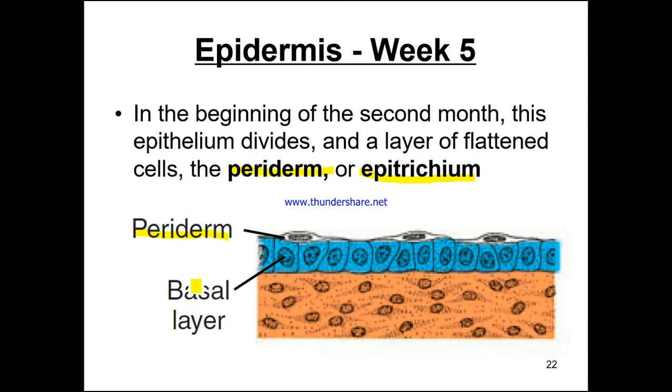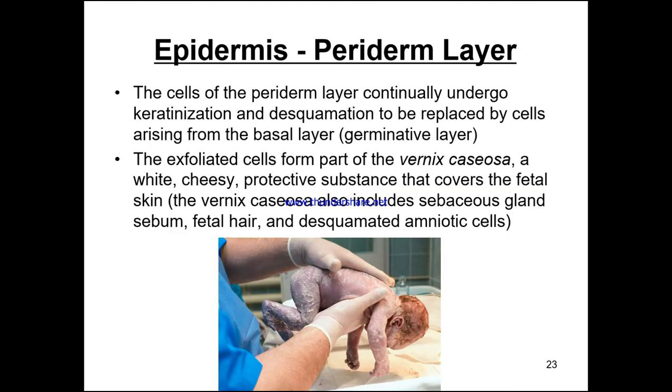We have the basal layer. Here we can see the basal layer. The epidermis, the peridermal layer. The cells of the peridermal layer continually undergo keratinization and desquamation to be replaced by cells arising from the basal germinative layer.